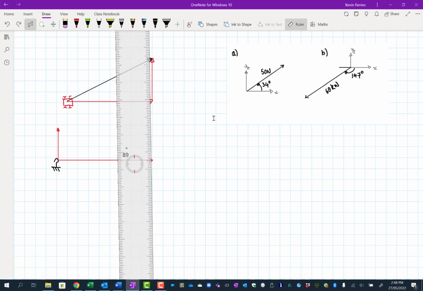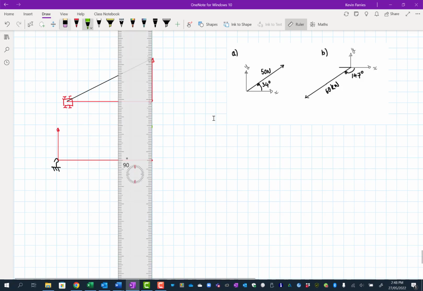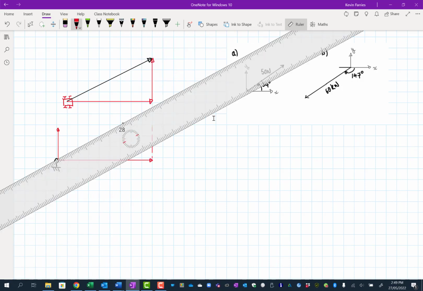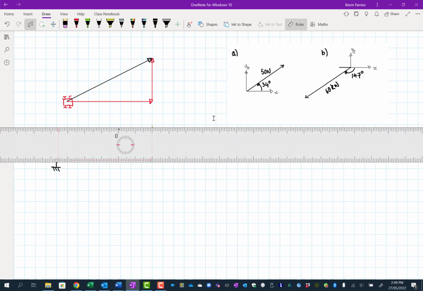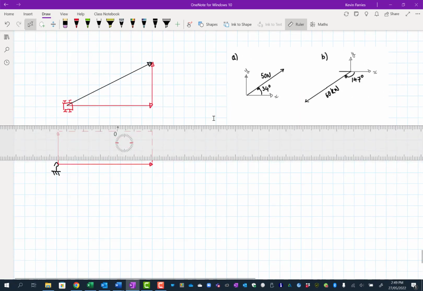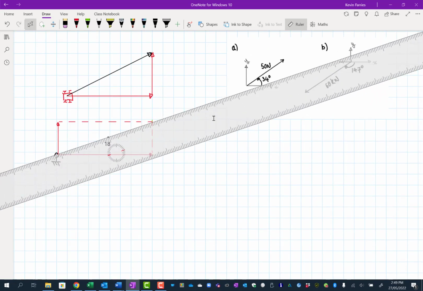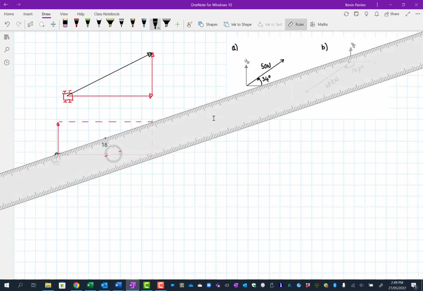So you could imagine the y component would end up over here. Or the x component, you could have moved nose to tail up to here, and then you would have drawn your resultant vector, like so. And this is how we're going to draw it.